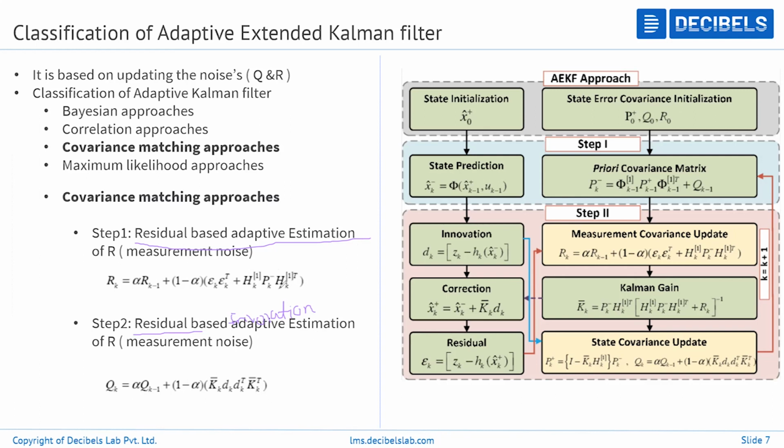Or simply you can call it the residual step or the innovation step for the updating of R and for the updating of Q. It should be Q, a typo.